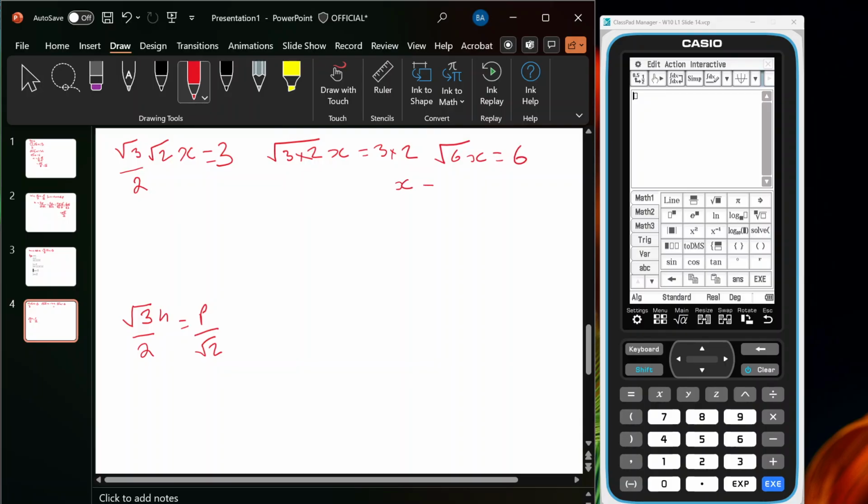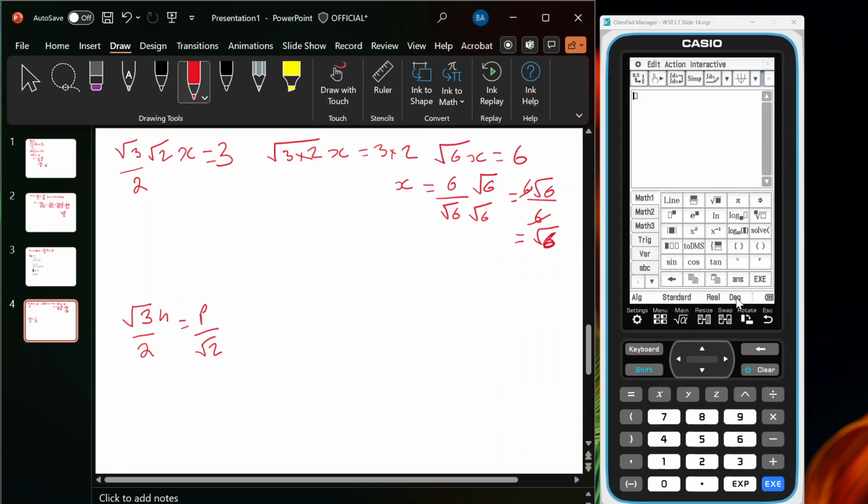So x is going to equal 6 over the square root of 6, and then I multiply both top and bottom by the square root of 6 to rationalise it, and I end up with 6 on the bottom, 6 square root of 6 on the top, which is going to equal the square root of 6 because the 6 cancels. Alright, so that's the answer we're looking for here.